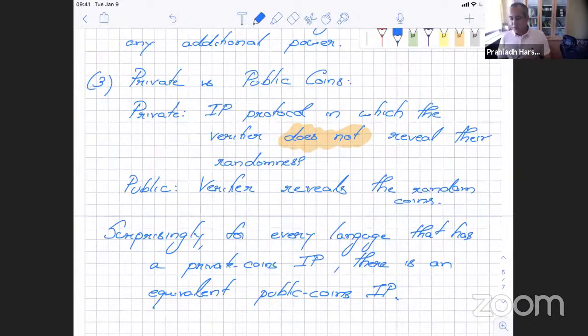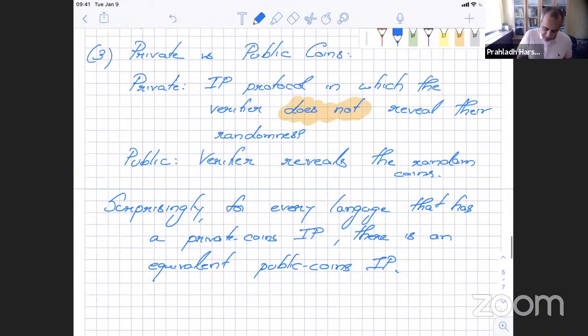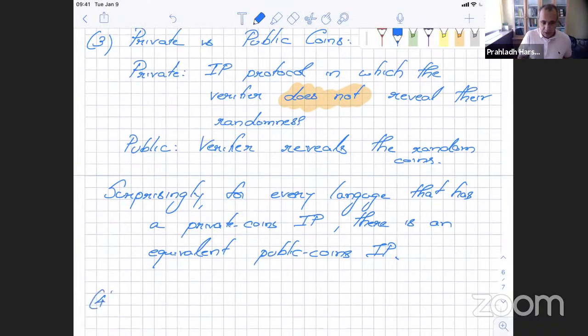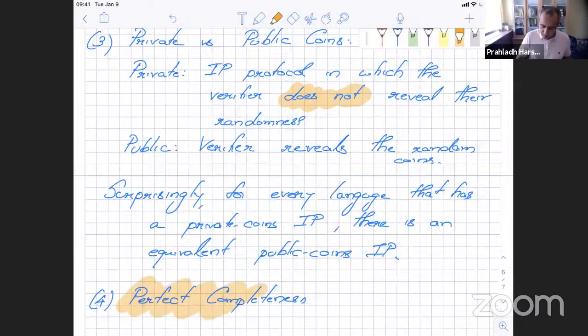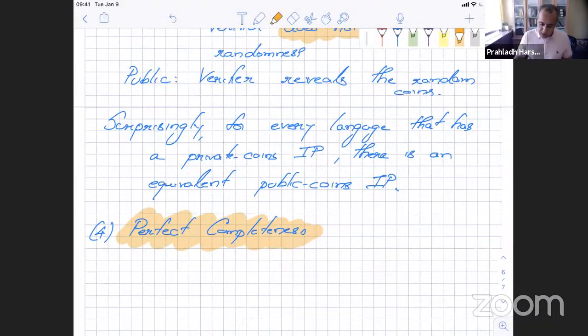I'm spending a lot of time on this definition because this IP is not something we have usually defined. The next thing I want to ask is, what about perfect completeness? I defined it both in the yes and the no case.